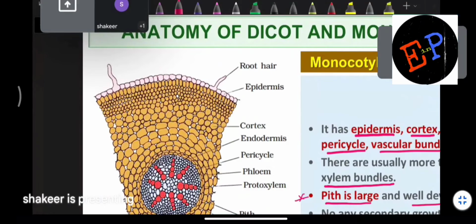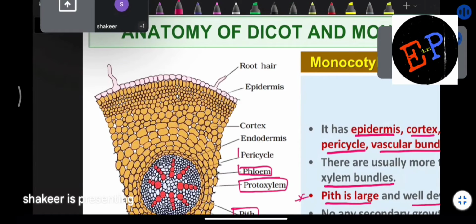And now this is the transverse section of monocot roots. Clear, no? So metaxylem, the xylem which is present towards the inner side of the pith, and then you will find the innermost region which is called pith. Then you can find the protoxylem, the outermost xylem present towards the periphery, and the next structure is called phloem.